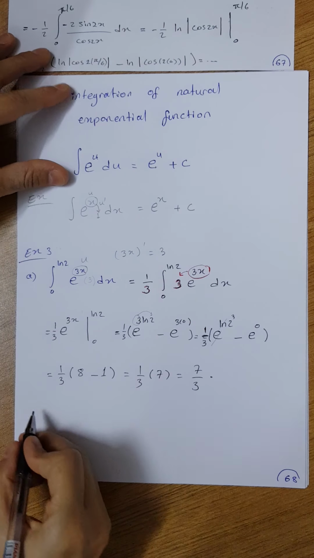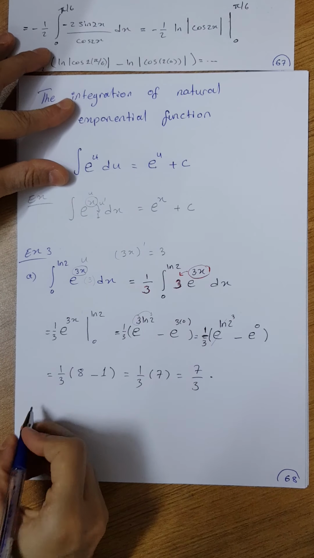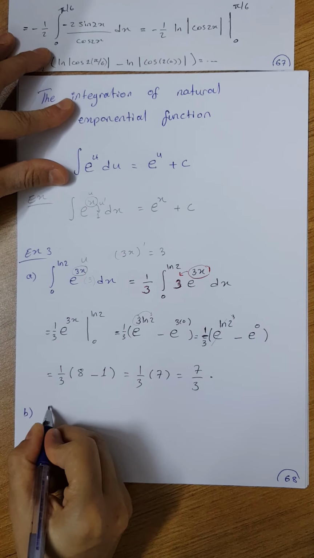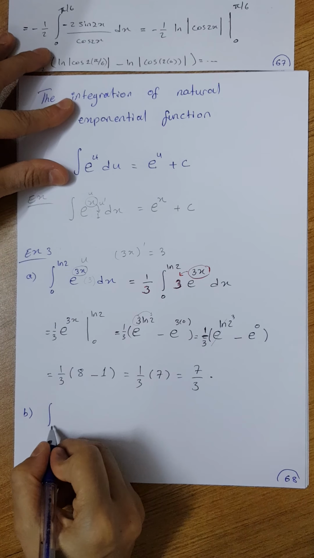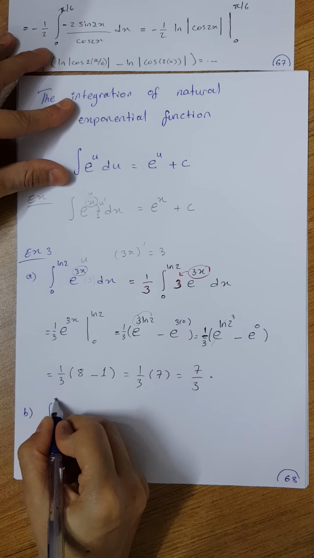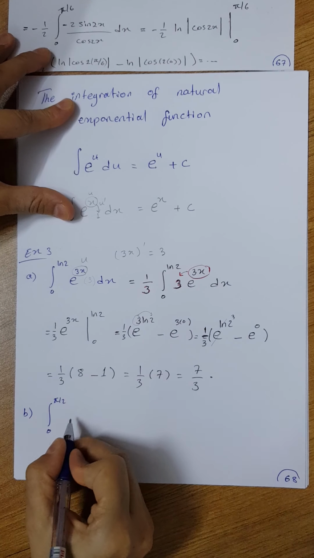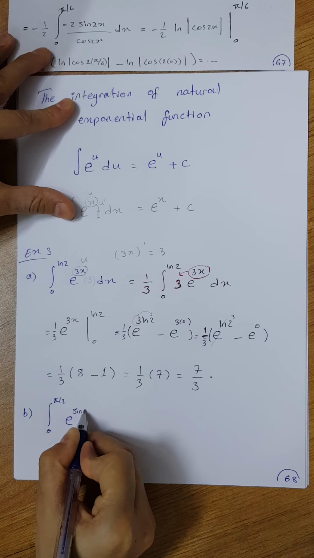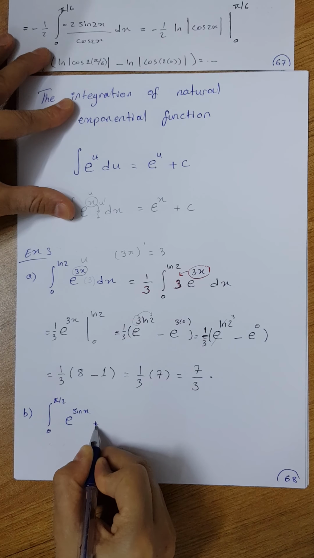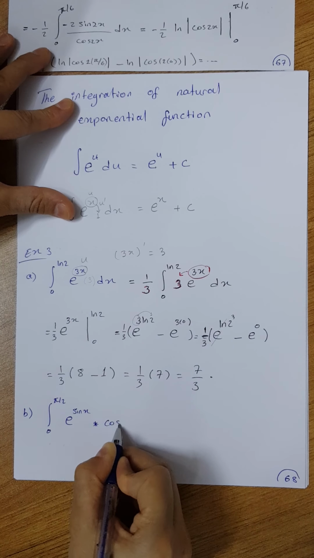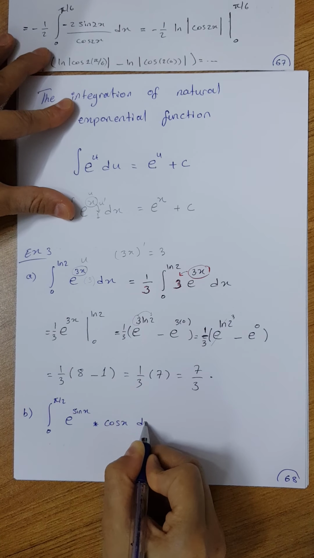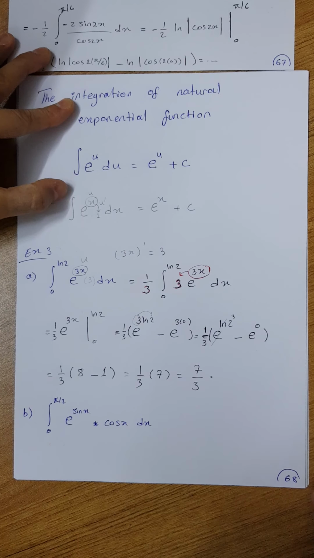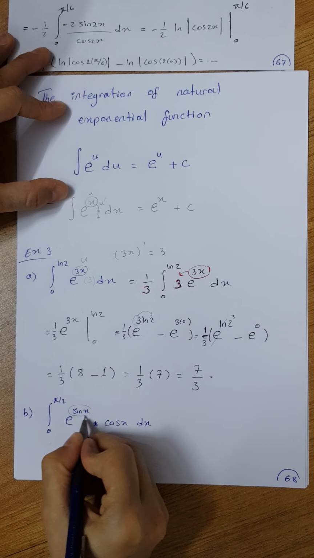Okay, part B, we've got the integration from 0 to pi over 2 of e to the power of sine x multiplied by cosine x, all dx. U here is the sine x.